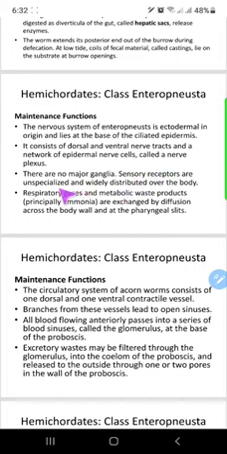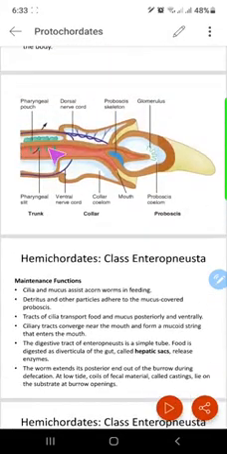Sensory receptors are unspecialized and widely distributed over the body. They respond to any type of stimulus and are present throughout the body. Respiratory gases and metabolic waste products, principally ammonia, are exchanged by diffusion across the body wall at the pharyngeal slits. The pharyngeal slits are basically for gaseous and urinary exchange. The waste products are removed from here, and gaseous exchange is also done through the pharyngeal slits.